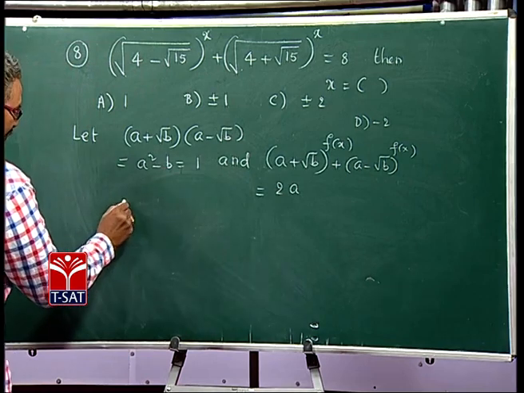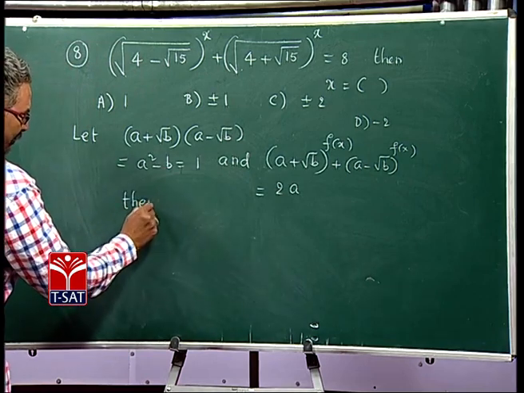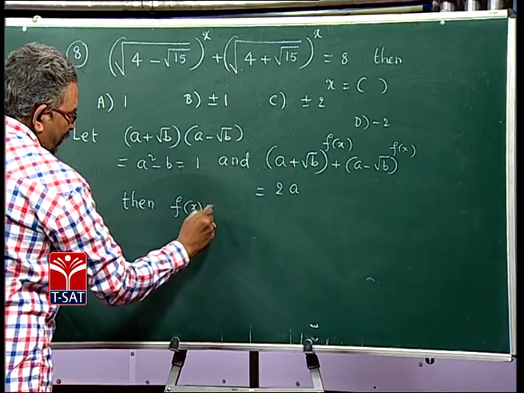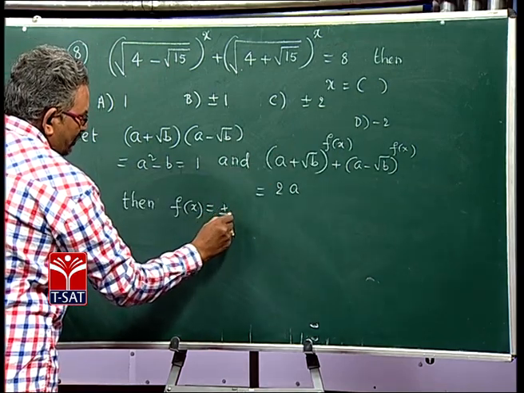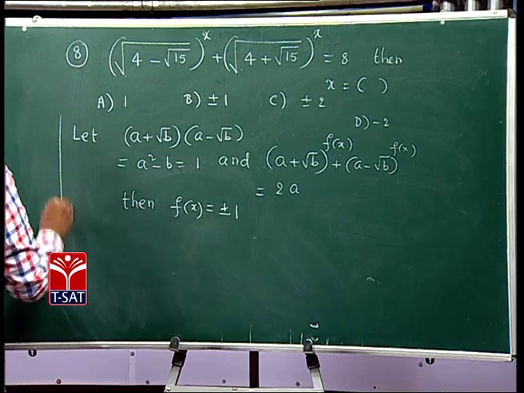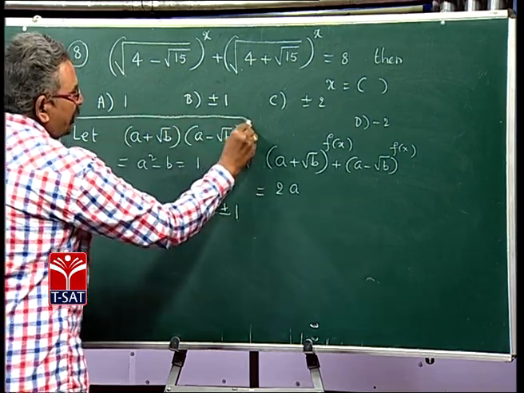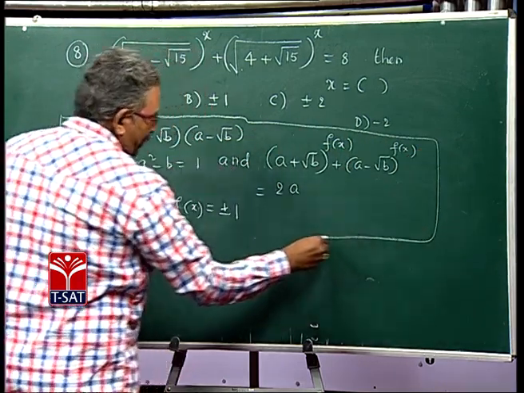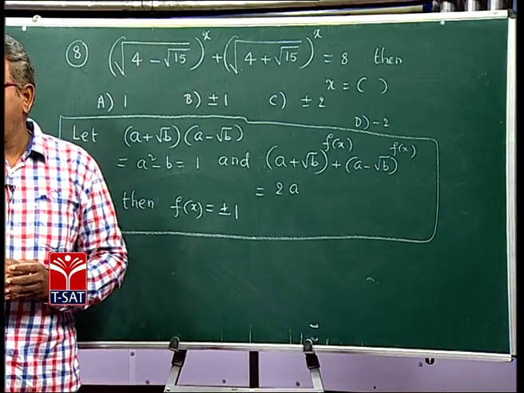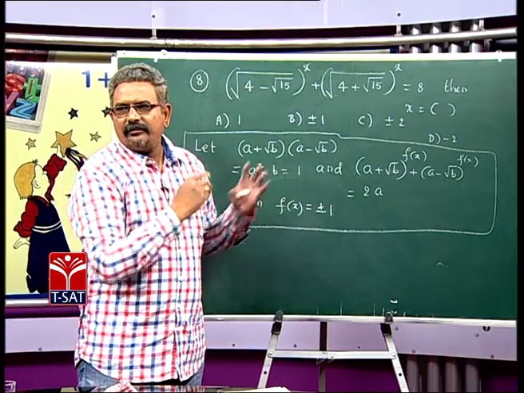Then f of x, this power, is equal to plus or minus 1. You remember this one. This is a very, very important result we have to remember in order to solve these kinds of problems.